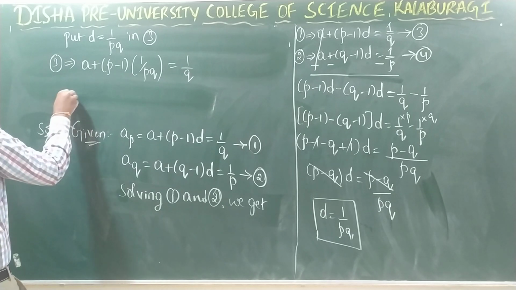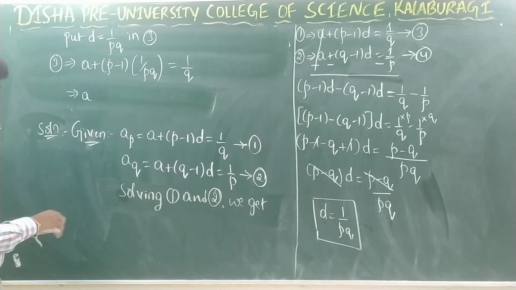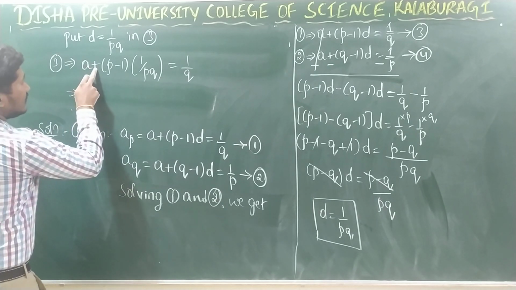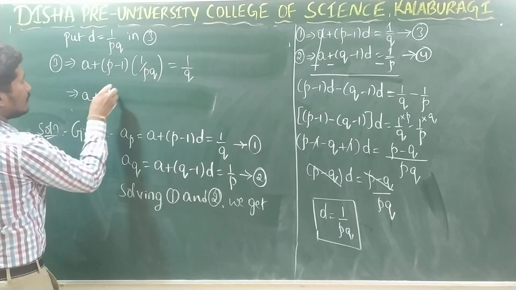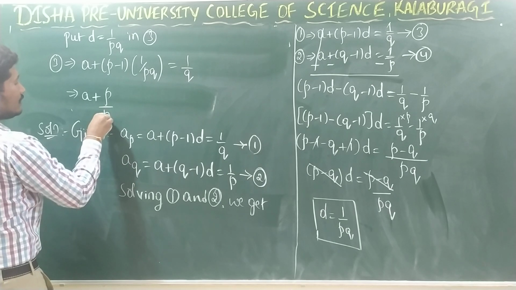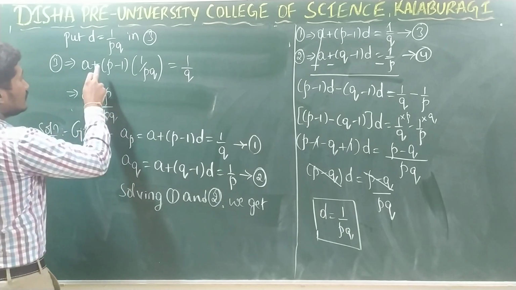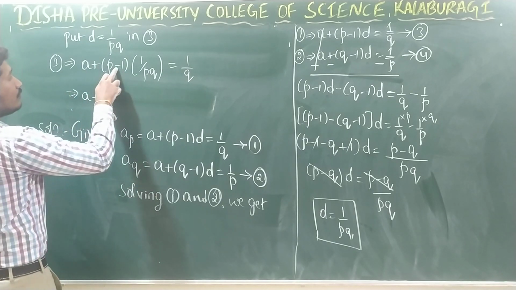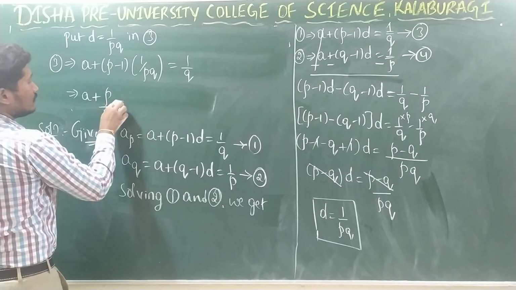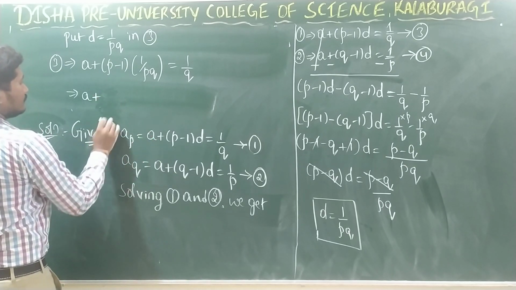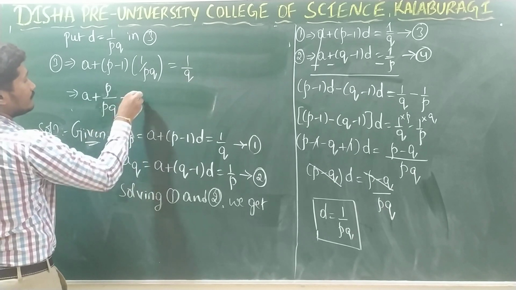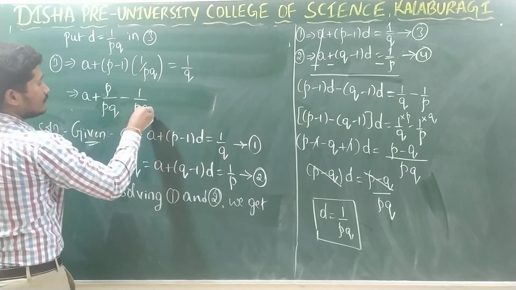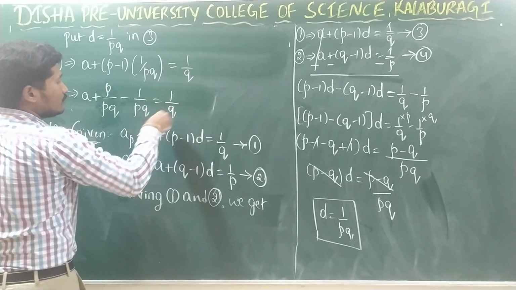So this implies a, plus into plus is plus, p into 1 by pq is p by pq, minus into plus is minus, minus 1 by pq is equal to 1 by q.